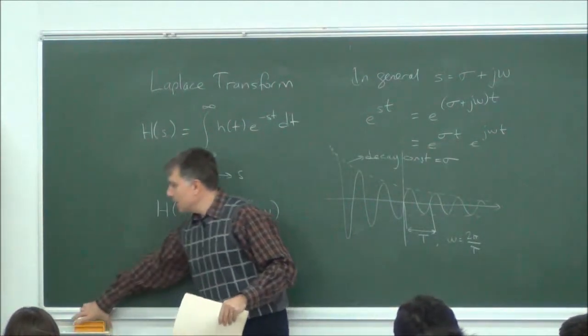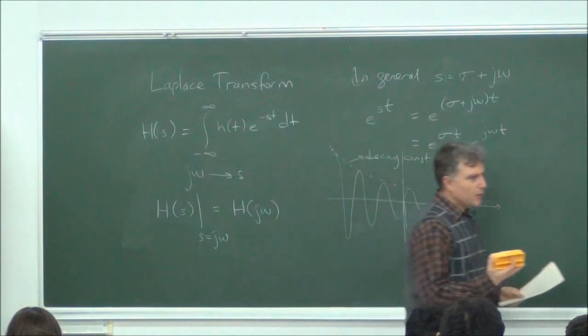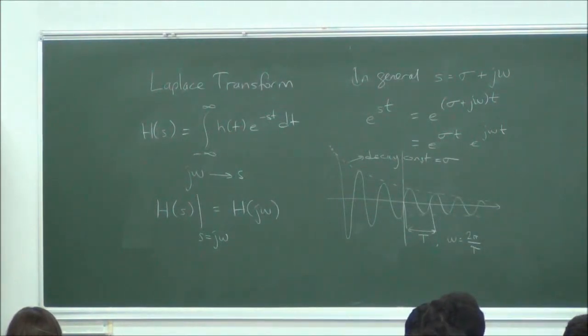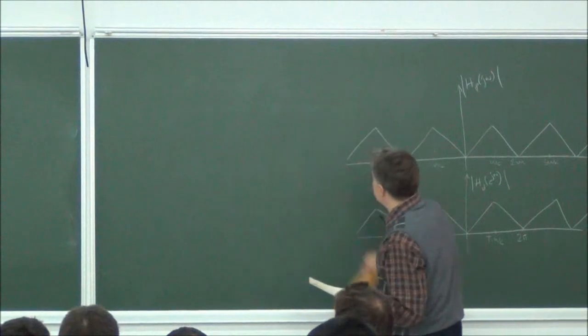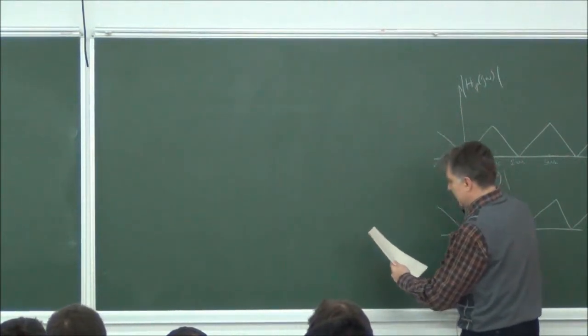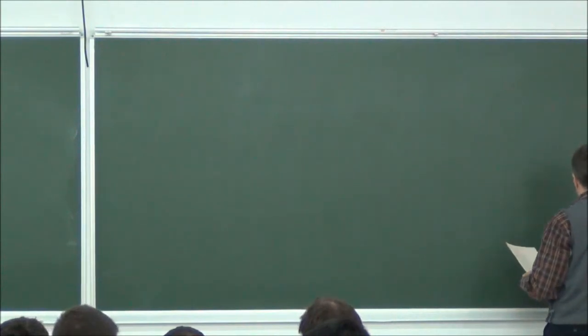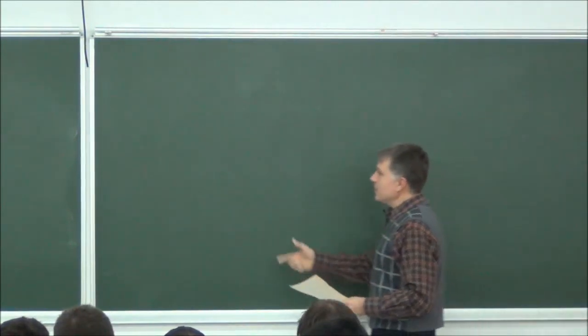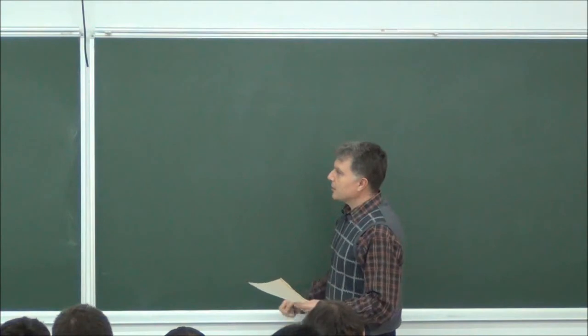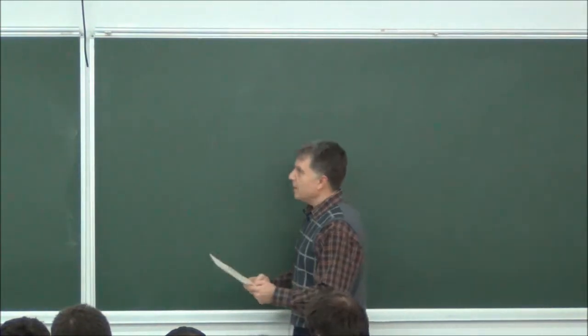So the Laplace transform exists for a lot more signals than the Fourier transform. Of course, these things will be clearer if we start seeing examples. And when we see examples, you will see that the transformation and the inverse transformation will be much easier.